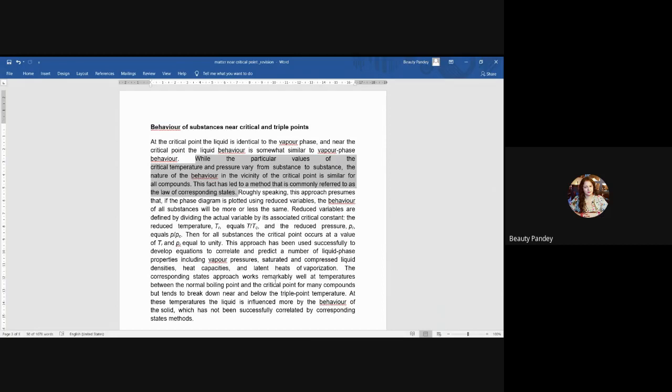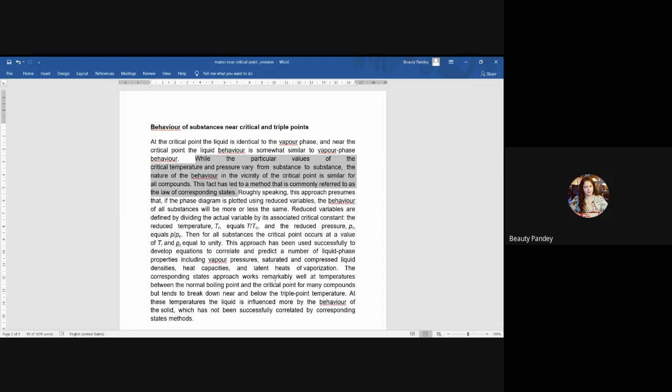That means, how to find the reduced temperature for a particular vapor? Suppose the reduced temperature for hydrogen is Tr. That will be obtained by the temperature at which the hydrogen gas is at that moment divided by its critical temperature.